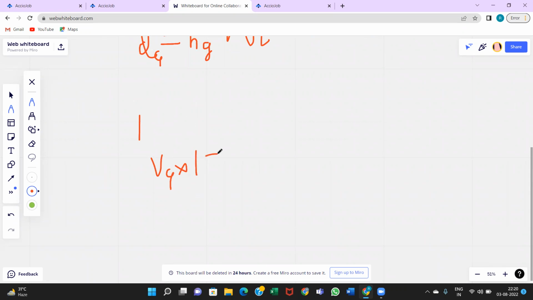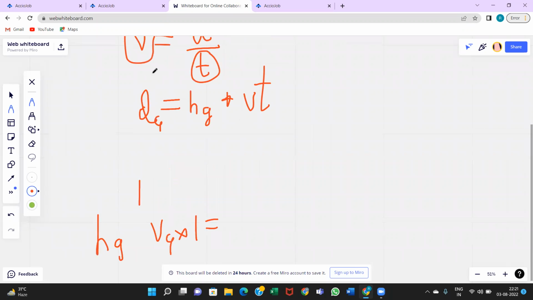This is the amount of height that will get increased. But keep in mind that Jian was also having an original height, so you have to add this part too. So at any point of time, height of Jian will be equal to original height plus Vj into t, the velocity of the height of Jian into t. Is this part clear to you? All of you, any doubt in this?